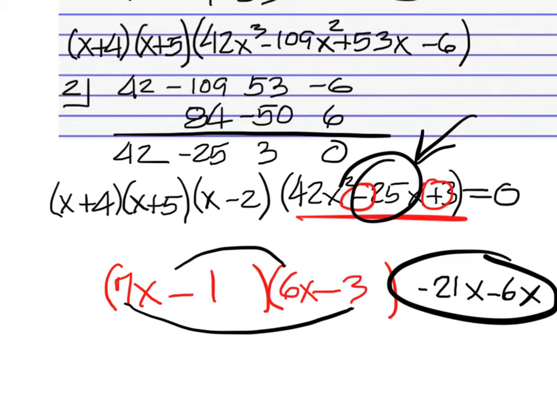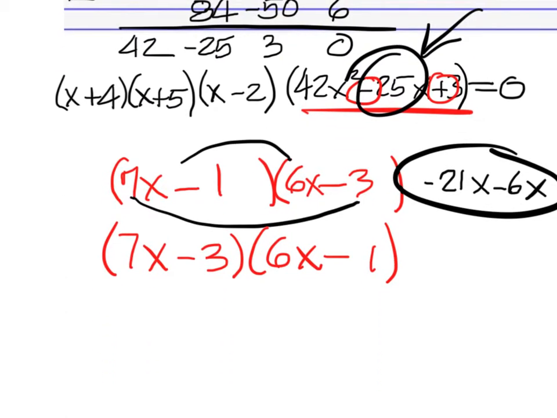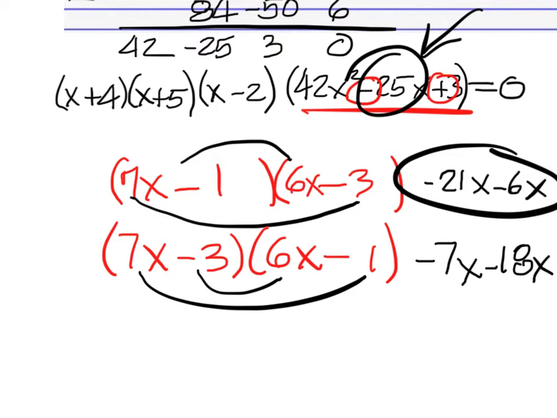No, it does not. That's a negative 27x. So let's try something different. How about 7x minus 3 and then 6x minus 1? And we'll see how that works out. Check here. You come up with a negative 7x. And check there. That's a negative 18x. Does this give me negative 25x? Yes, it does. So we found it.